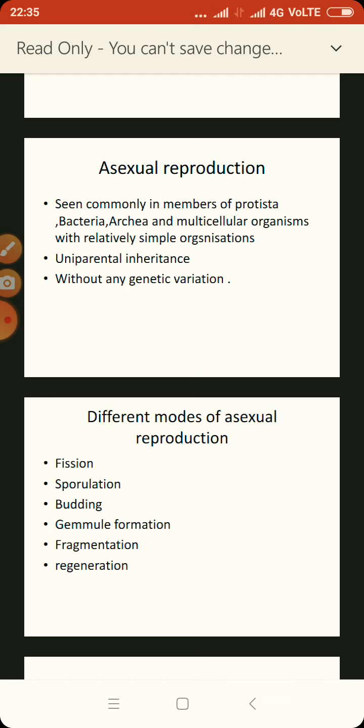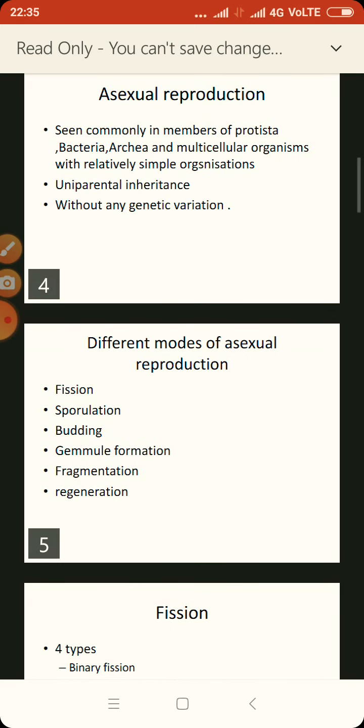These are the very important characteristics of asexual reproduction. That is, it is seen in members of Protista, bacteria, archaea and multicellular organisms. Which type of multicellular organisms? Those with relatively simple organizations.